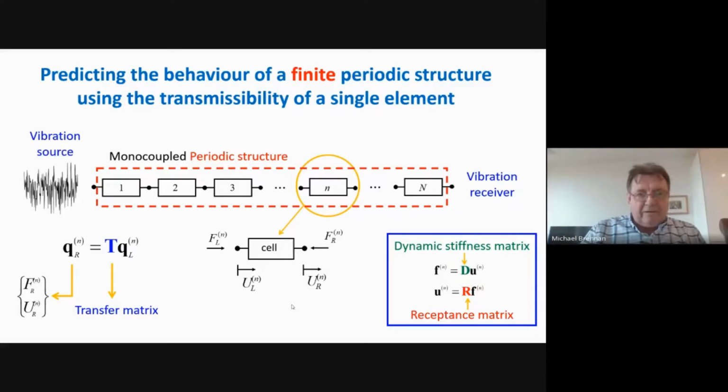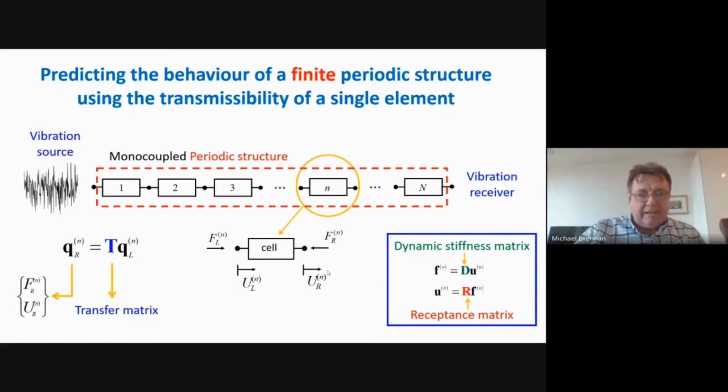So the way we characterize the vibration of a single cell is to use the transfer matrix, which you see on the left. And the transfer matrix relates the force and the displacement on one side of the cell to the force and displacement on the other side of the cell.